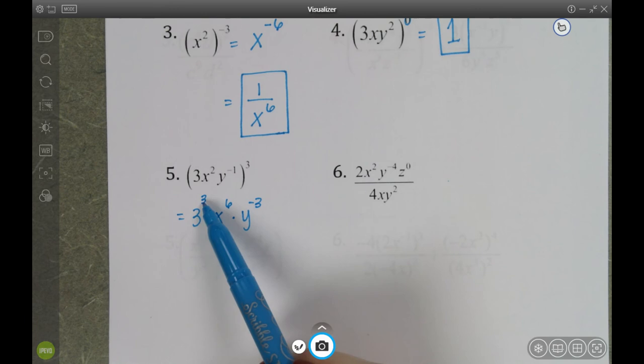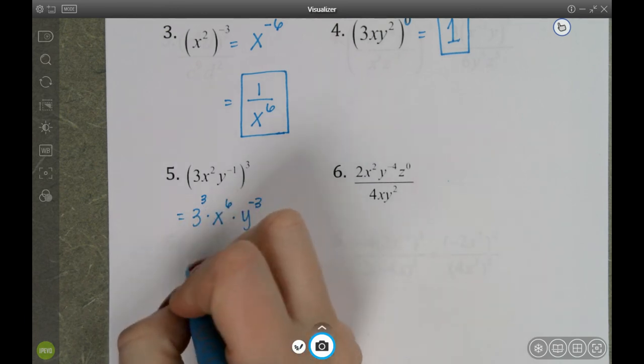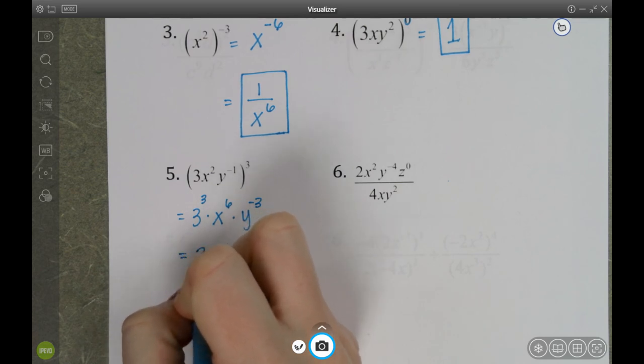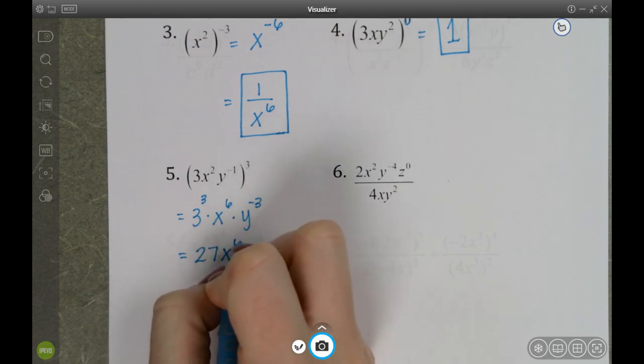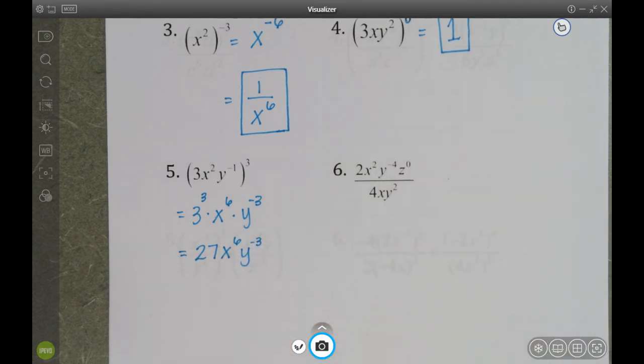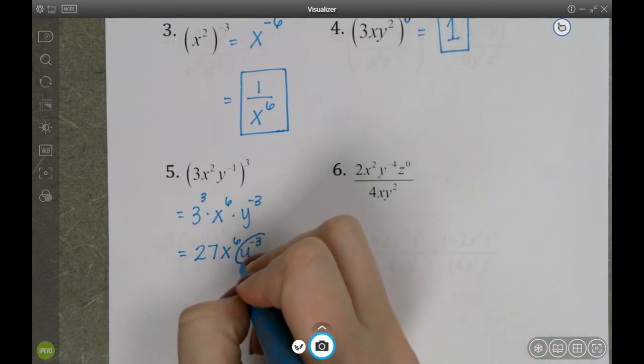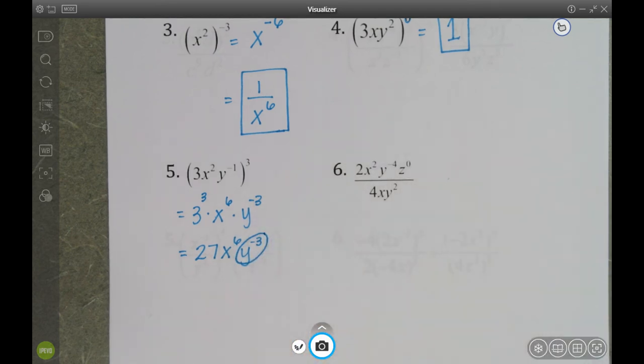Okay, so I need 3 to the 3rd power. Well, 3 squared is 9, and 9 times 3 is 27. So 27, x to the 6th, y to the negative 3. But can I have a negative exponent in my answer? No. So I need to move this term to the other part of my fraction.